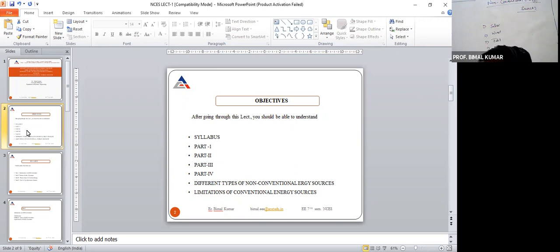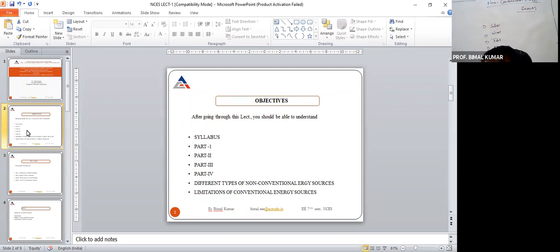So there are a lot of energy sources present around us: solar energy, wind energy, tidal energy, biomass, biogas. These are some general kinds of non-conventional sources of energy.